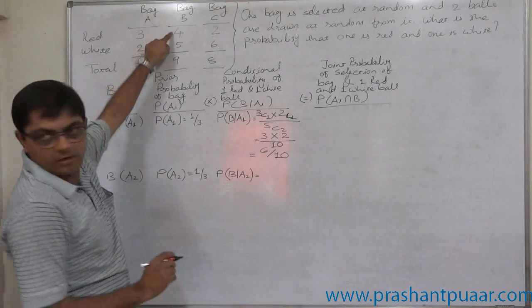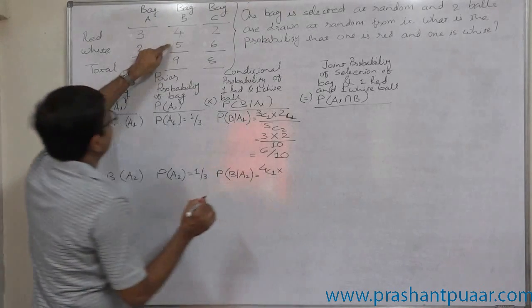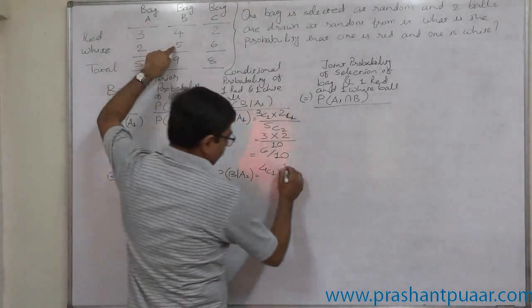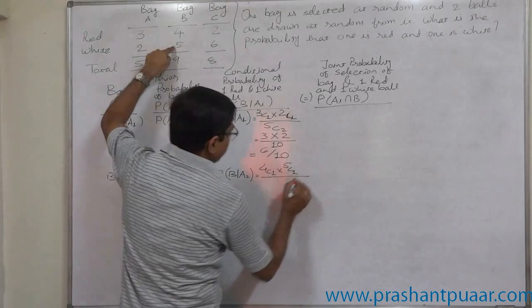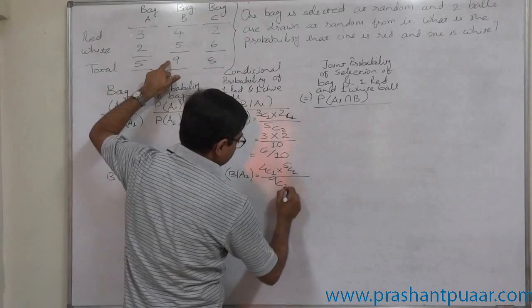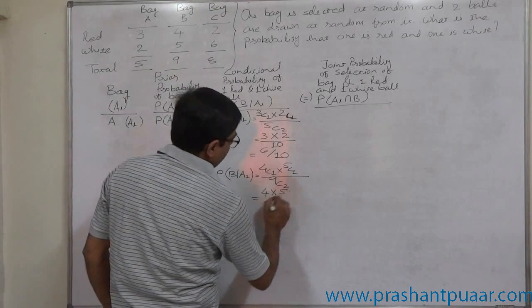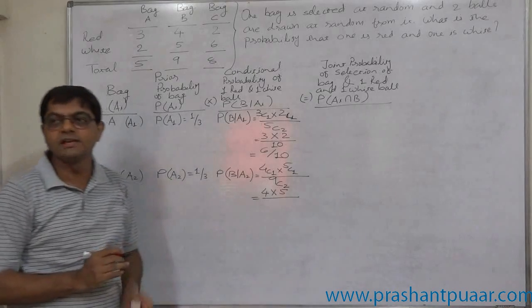then 1 red out of 4, it is 4C1, and 1 white out of 5, it is 5C1. In total 2 out of 9, 9C2. Simplification gives us 4 into 5 divided by 9C2.